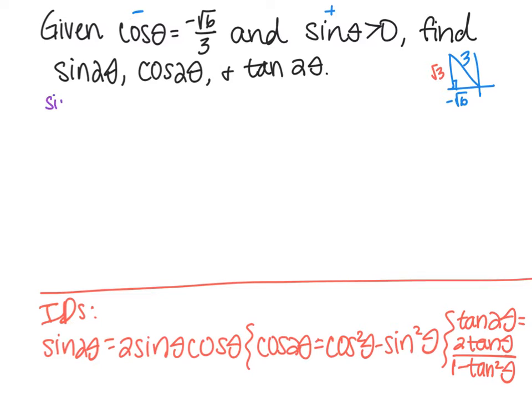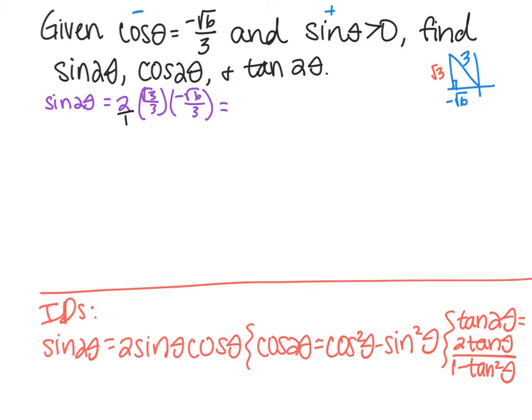So first, for sine of 2 theta, our formula is just 2 sine of theta times cosine of theta. So if we look over here, sine will be root 3 over 3. Cosine will be negative root 6 over 3. Now if we multiply straight across, and keep in mind technically that is 2 over 1, so it only multiplies into the top.